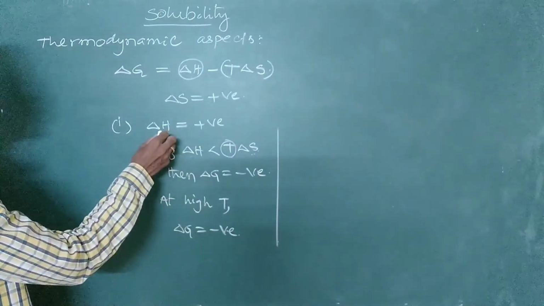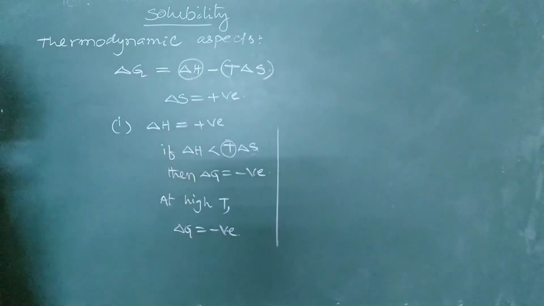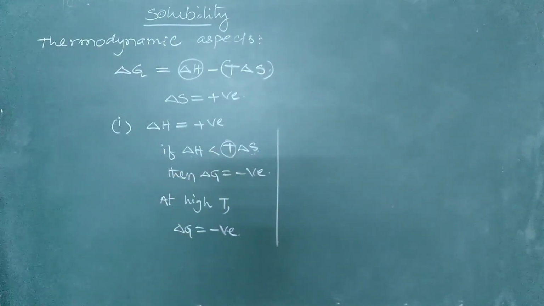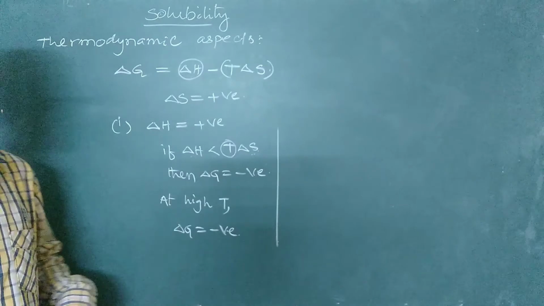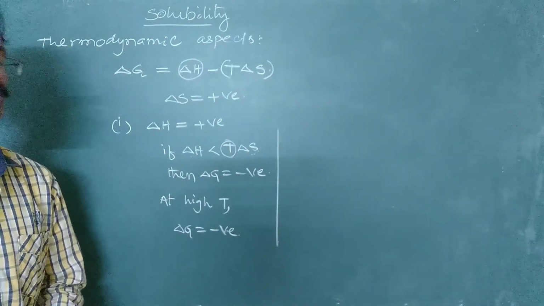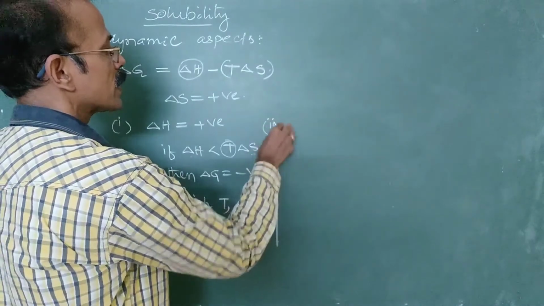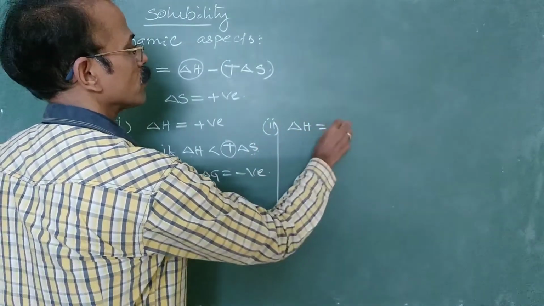So if the formation of solution is endothermic, then it occurs at high temperature, right? If it is at low temperature, the process becomes non-spontaneous. Let us consider another scenario where delta H is negative.